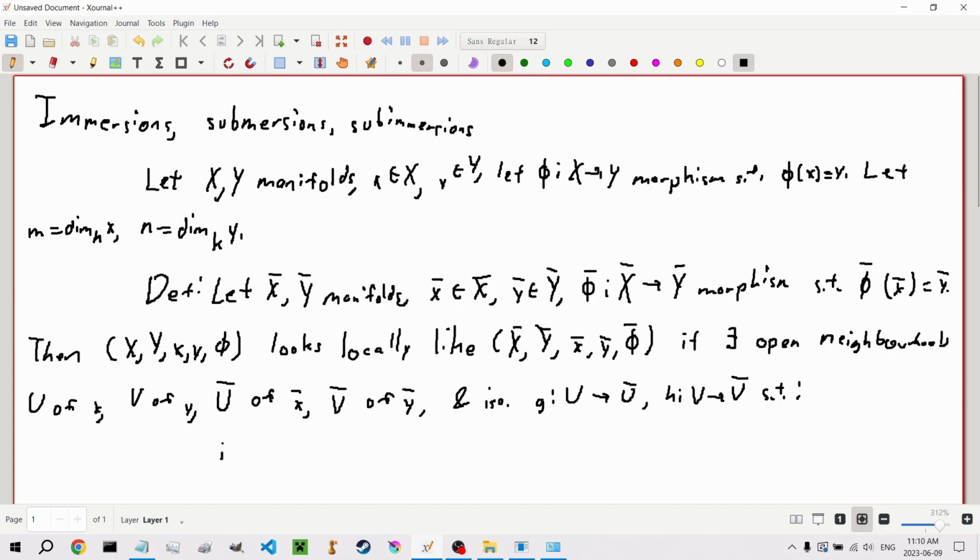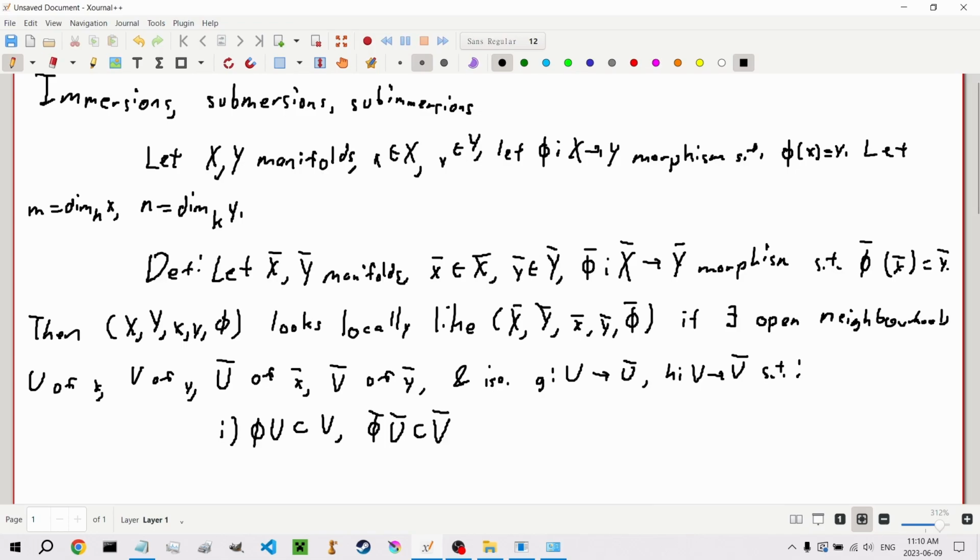First off, of course, the image of U under phi has to be in V, and likewise the image of U bar under phi bar has to be in V bar. Secondly, of course, we want G of x to be x bar, and H of y to be y bar.